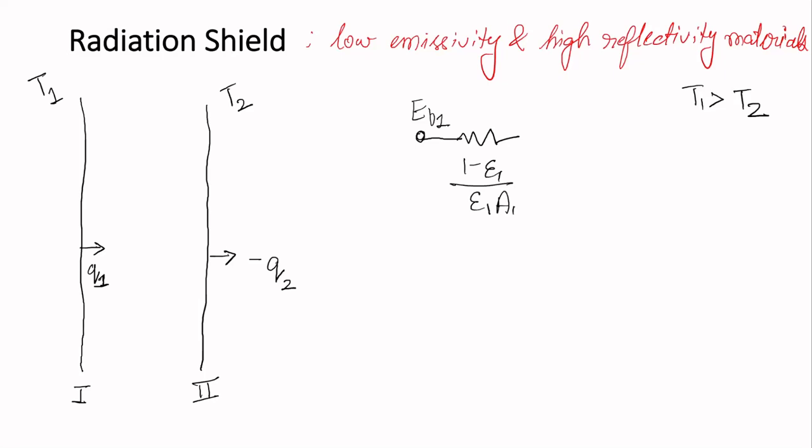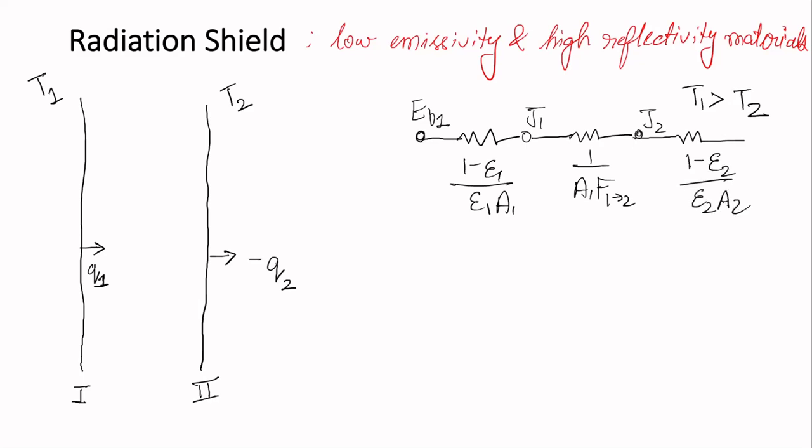Then this will give me the total J1. Now I will have another resistance coming from the view factor, which will be 1 over A1 F12. Now this comes to J2, and then plate 2 will have (1 minus epsilon 2) over (epsilon 2 A2), and here it will be Eb2.